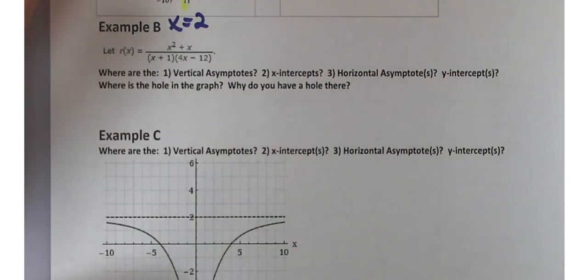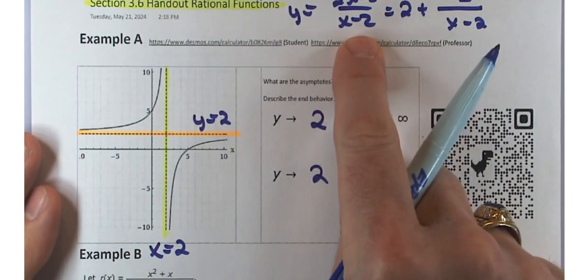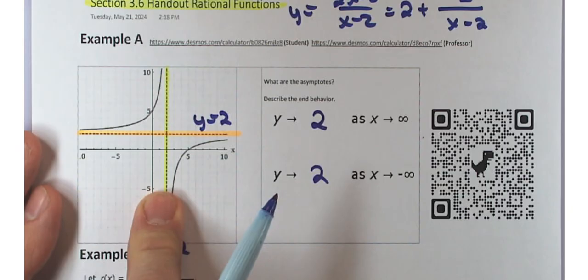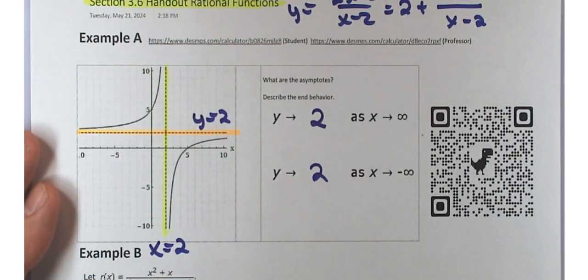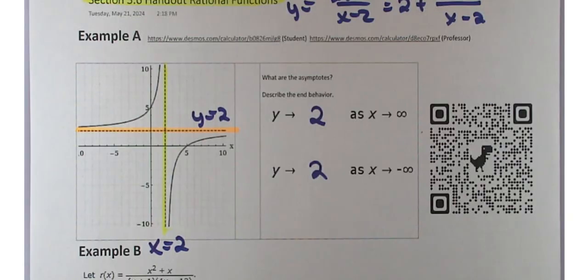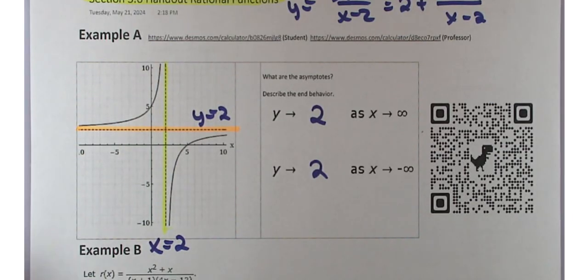Now we saw in example A that when the denominator is 0, we got a vertical asymptote. And that's generally going to happen. Not always going to happen, but generally going to happen. So let's see if we can't predict where this is going to have vertical asymptotes.